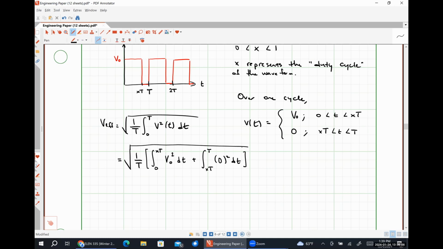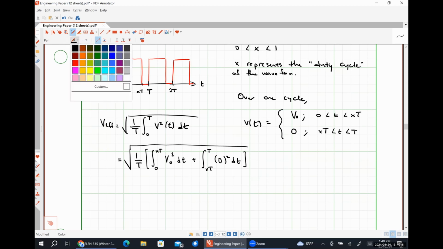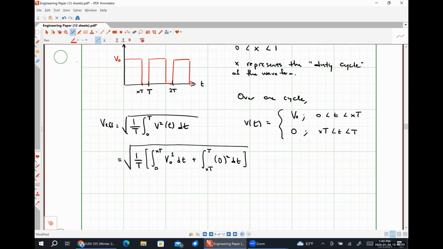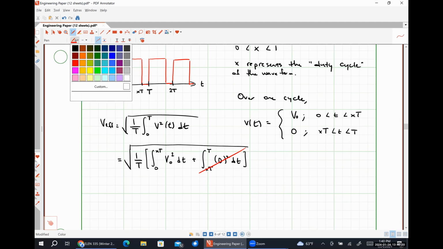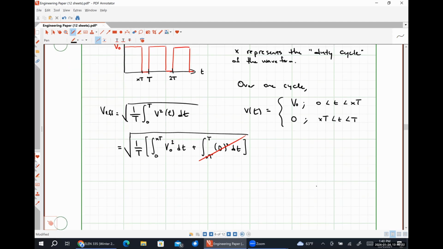So before we do the math here, does anybody have any questions, comments, or concerns about how I've set up my integrals? All right. So the integral of 0 is 0. So we don't have to worry about that part literally at all. So now we're just going to play around with this other part.